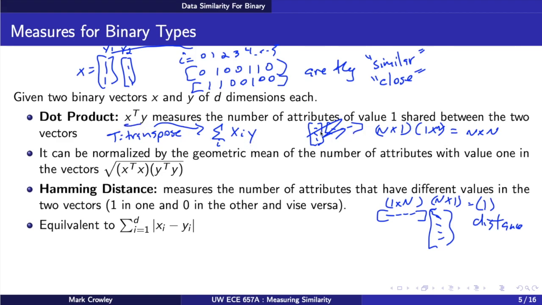And obviously, what would this give us? This would give us a measure of whether they're near each other based on how much agreement there is, right? If the vectors are binary, then when there's a 1, you're going to have a 1 added. When they're 0, you're going to have a 0 added. When they're different, you're going to have a 0 added, right? So you're only going to get increments when they have shared numbers.